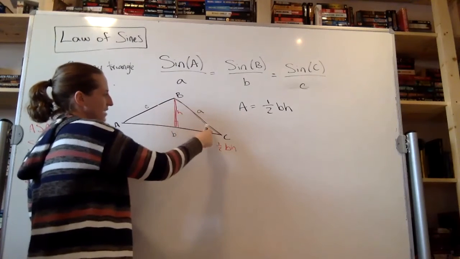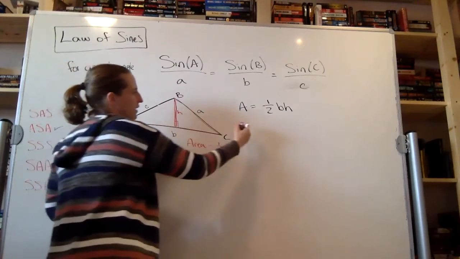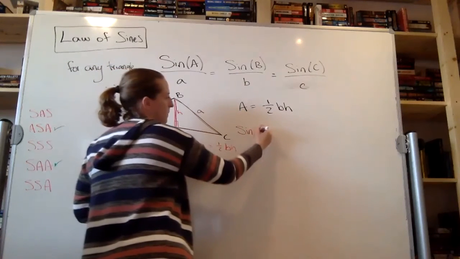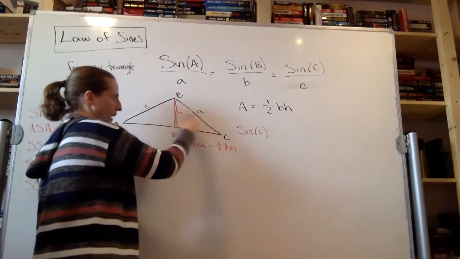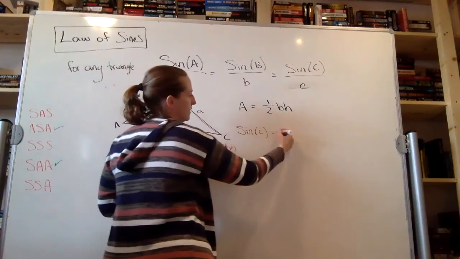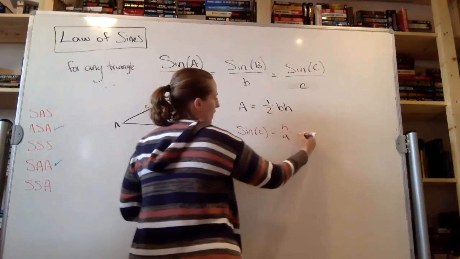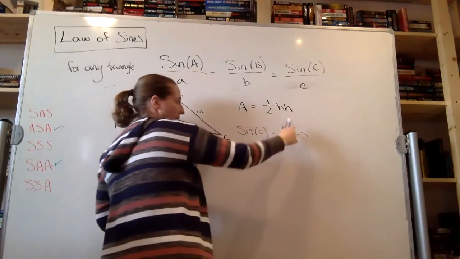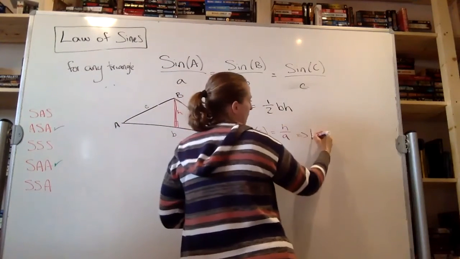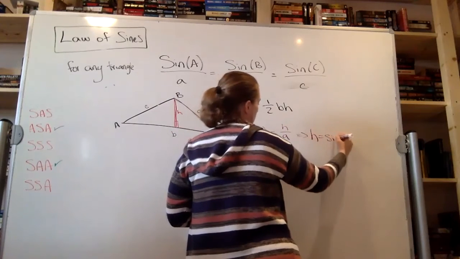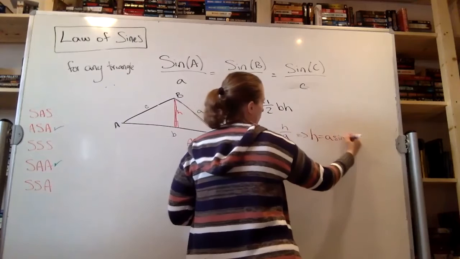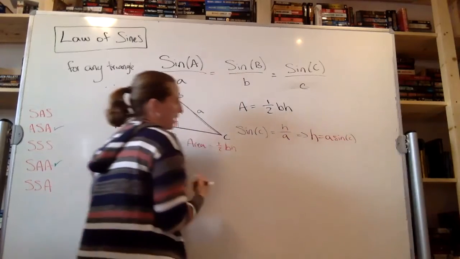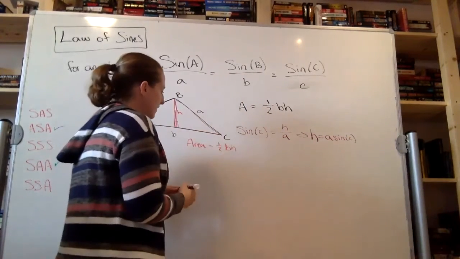Well, I can think about H in relation to angle C. In other words, if I think about sine of C, sine is opposite H over hypotenuse A. So sine of C is equal to H over A. If I solve that for H by multiplying both sides by A, I get that H equals A times sine of C. Looks really similar to what we did when we developed the law of sines. But what's the advantage to that?